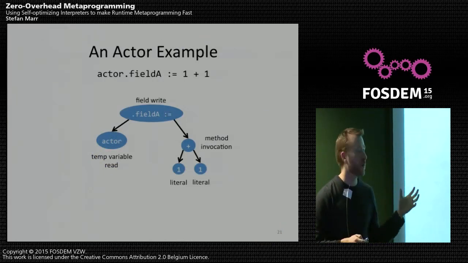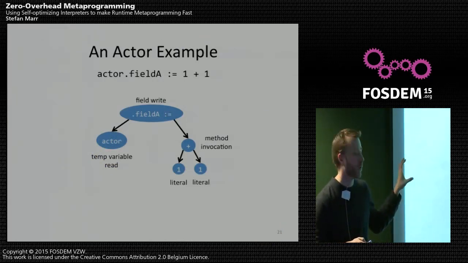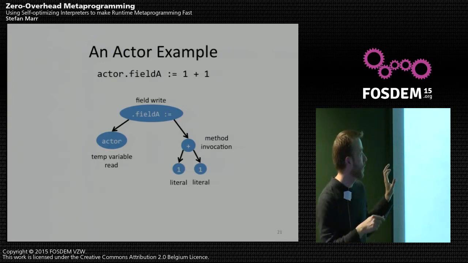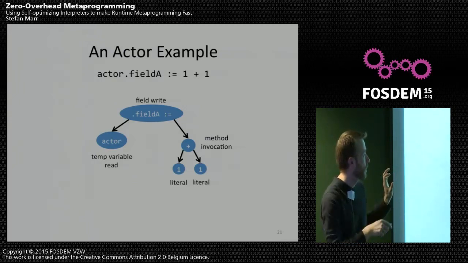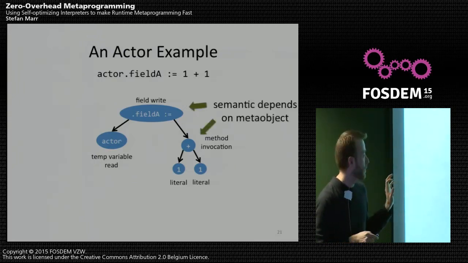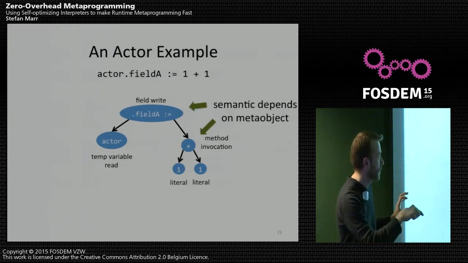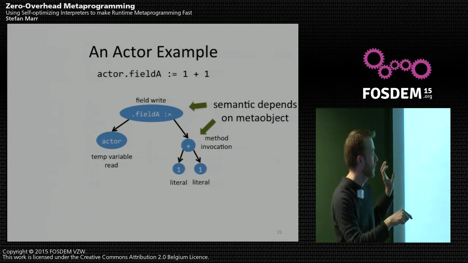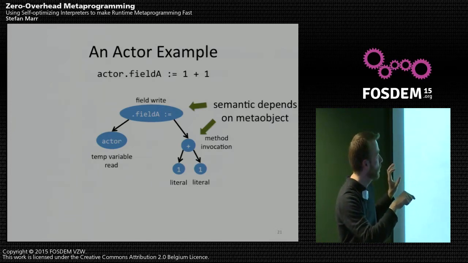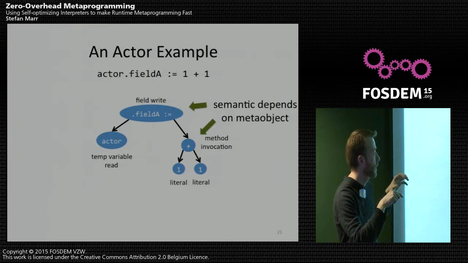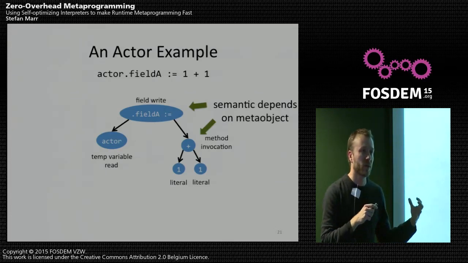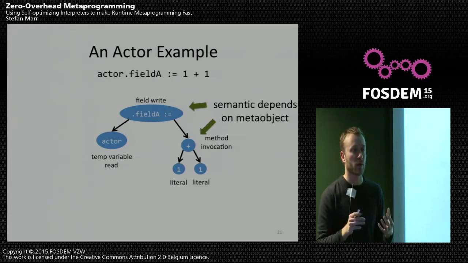If we have a little example that's using that kind of actor meta-object protocol, and we have that field write node, there are at least two parts it will definitely apply to. Method invocation is also a part I just left out, but definitely all the field write accesses: for them it's not statically known what the semantics is.